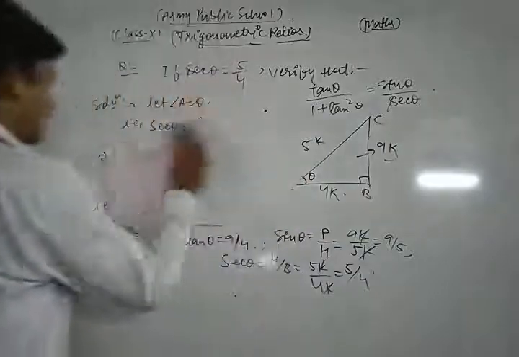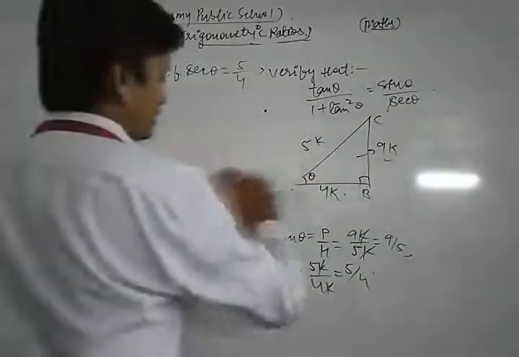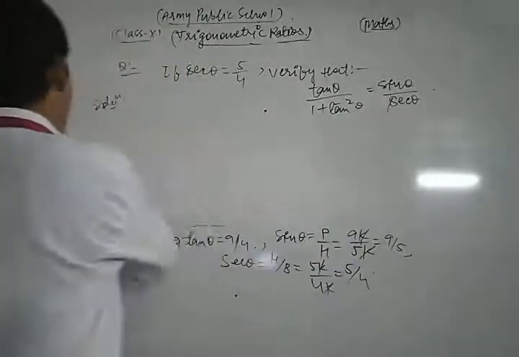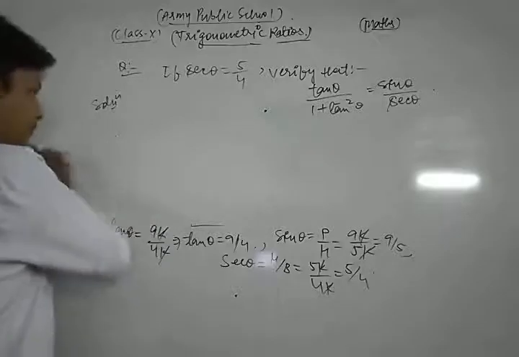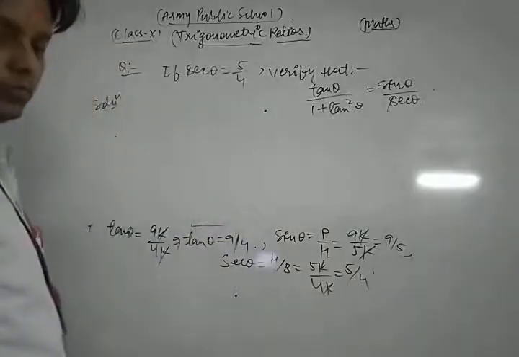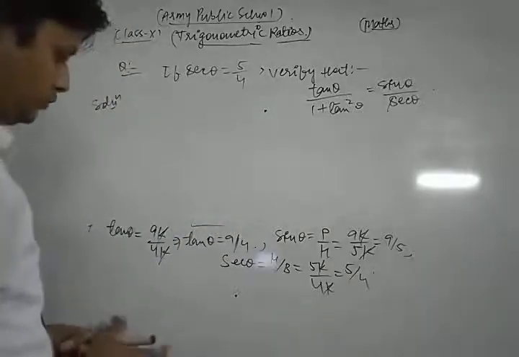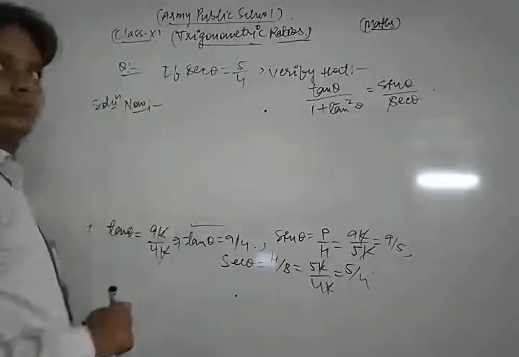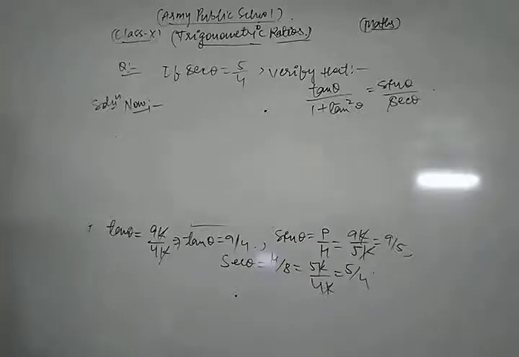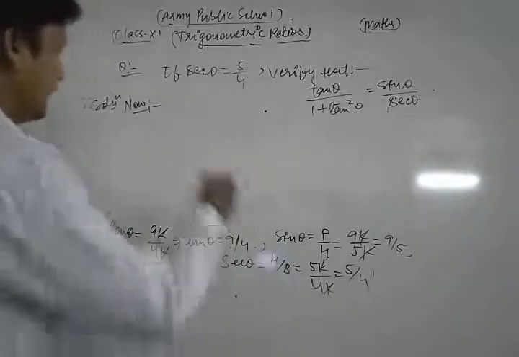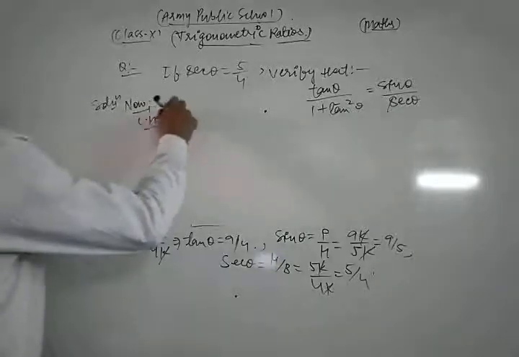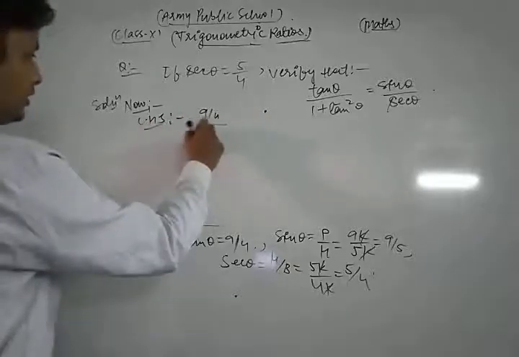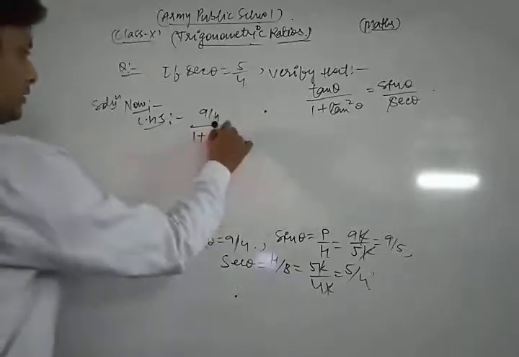Now we take the left hand side of the given expression. So now look, we take LHS. Tan theta is what? The value of tan theta is 9 by 4 upon 1 plus 9 by 4 whole square.